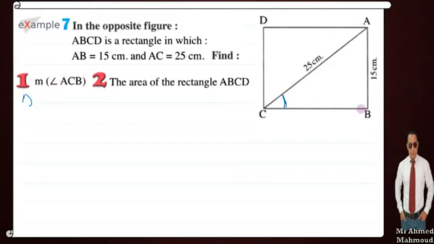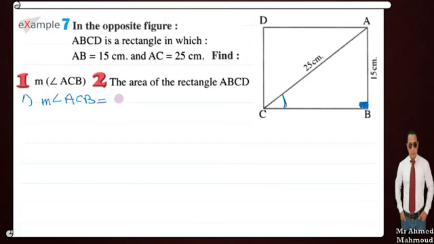Angle ACB exists in triangle ABC, which is a right-angled triangle. To find the angle we need sine, cosine or tan. I have the opposite and the hypotenuse, so I have the sine of the angle.